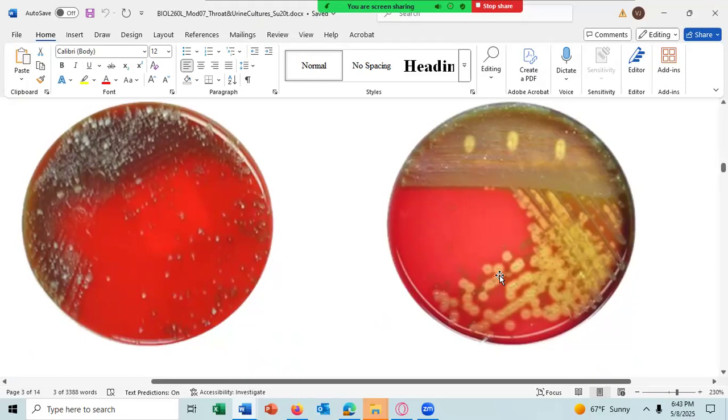But right there, we have a small white colony, and that's Streptococcus pyogenes having complete hemolytic activity. And you can see most of these colonies here have beta hemolysis. So do these colonies there. Any questions about any of that? All right, let me shrink this down.